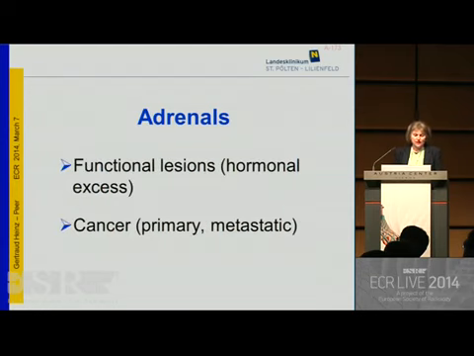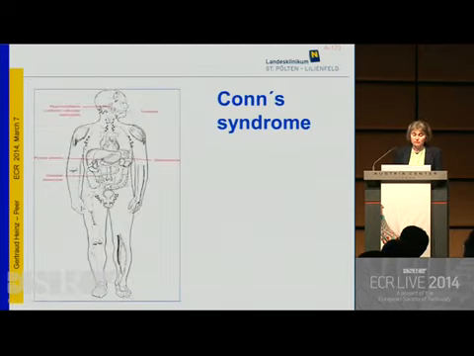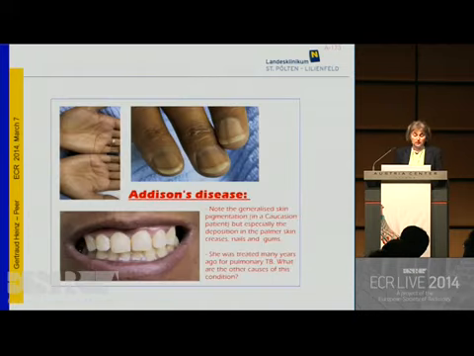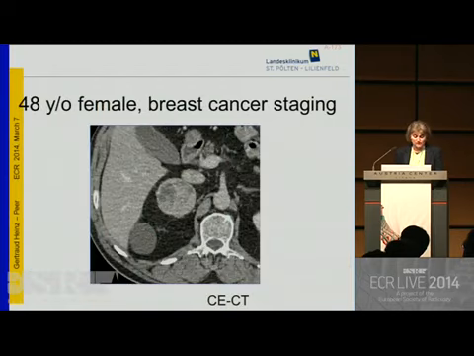However, sometimes adrenal lesions can be functional lesions, and in rare cases there could be the possibility of cancer, either primary or metastatic. If the lesions are functioning, they can cause Cushing's syndrome, Conn's syndrome, Addison disease, adrenal syndromes, especially if there is an overproduction of sex steroid hormones.